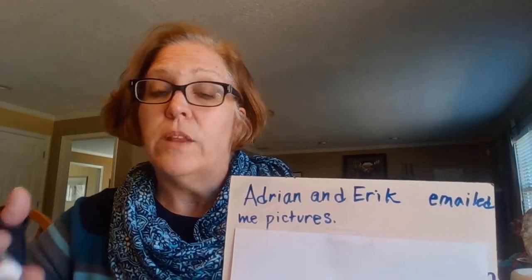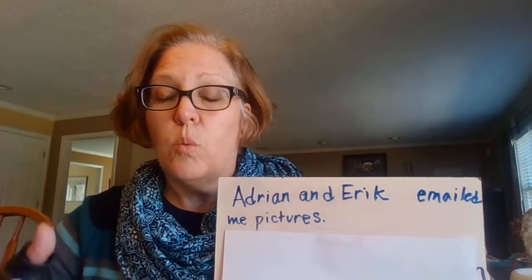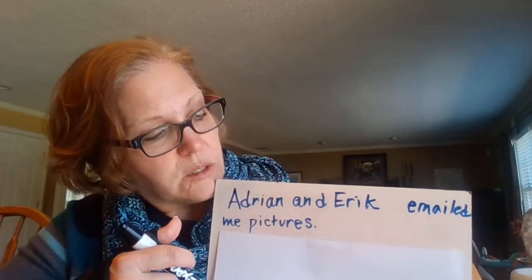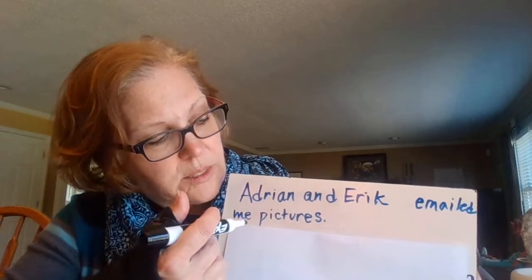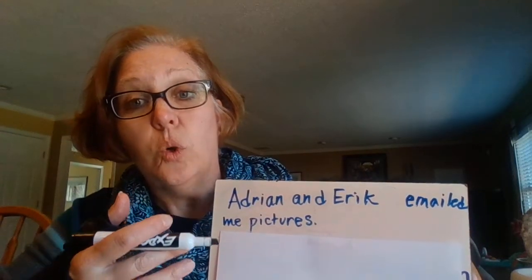If you can't figure that out, then you have to figure out what the action actually is. If you don't know who or what, because maybe it's not spelled out exactly, then you can figure out what the action is. In this case, we can figure out who or what, and it's a who.